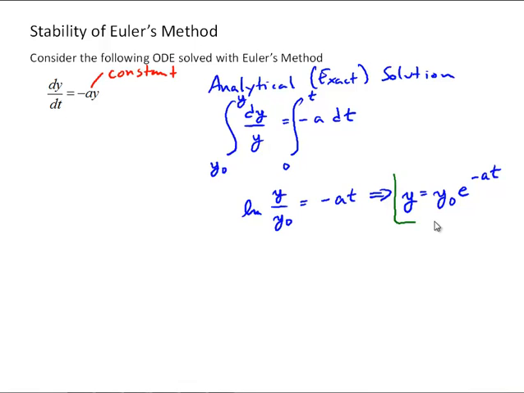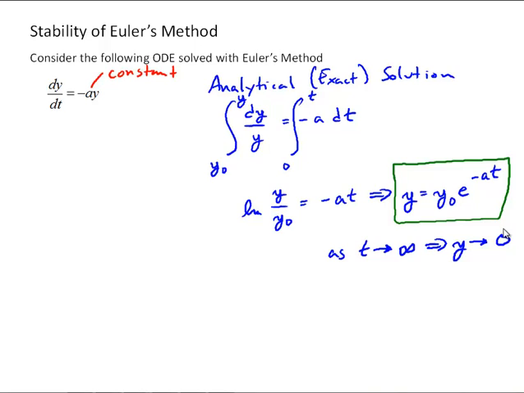So there's our exact solution, and we can see that this is a decaying exponential function. So as t goes to infinity, we know that y should go to 0.